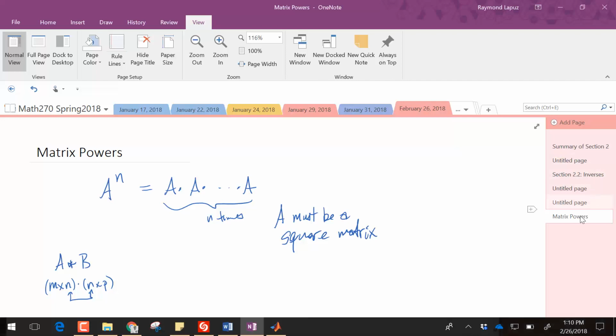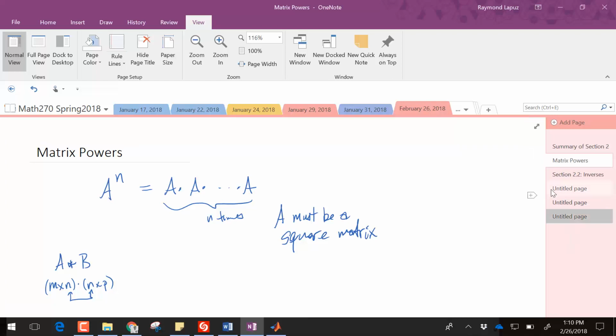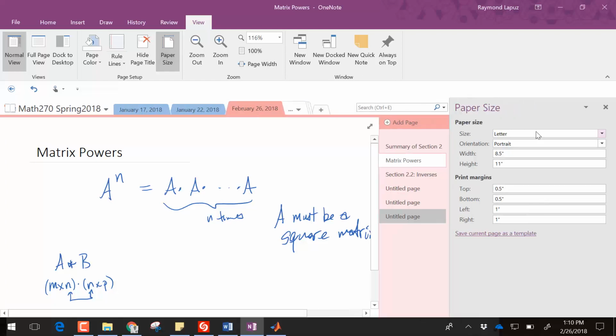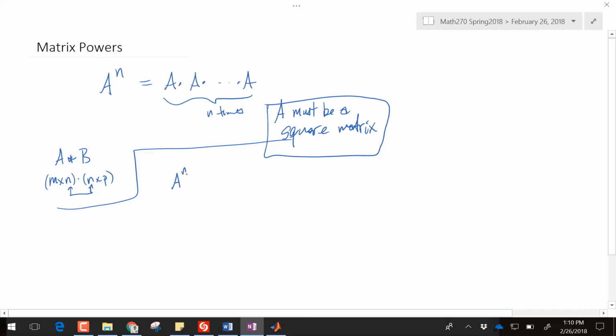Yeah. So a lot of those would work. Oh, I put the wrong one up there. That's why it's not the same size. Sorry, I need to adjust my size for the notes. So as long as you have a square matrix, then we can write that property that Ryan was talking about. A to the n times A to the k is A to the n plus k.